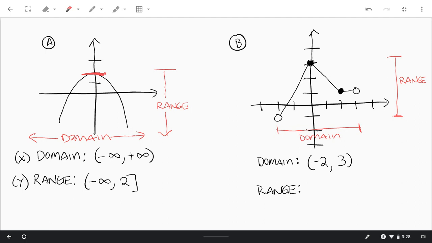So down below, -1, but -1 is actually an open circle. So I'm going to use, let me go back to black, parentheses at -1, and it goes all the way up to the highest point, which is +3. And it is a closed circle, so 3 is part of the range. So I will use a bracket.